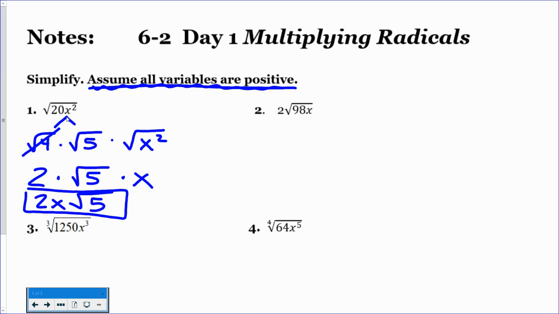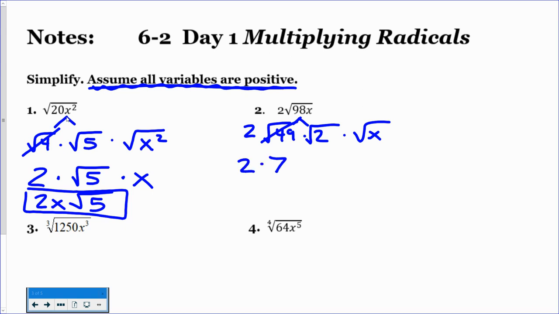Okay, for number 2, we're going to do another square root again. So you're looking for that largest perfect square that divides 98. Usually students have trouble with this one because it's 49 times 2 gives you 98. That 2 is still on the outside. The x is still inside. I'm going to take the square root of 49 and get 7.